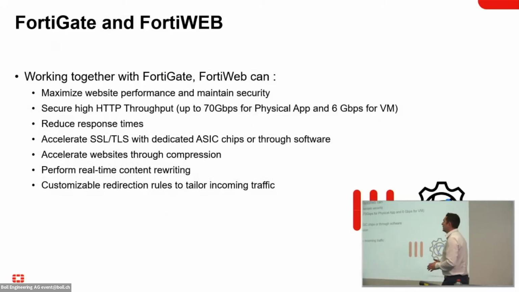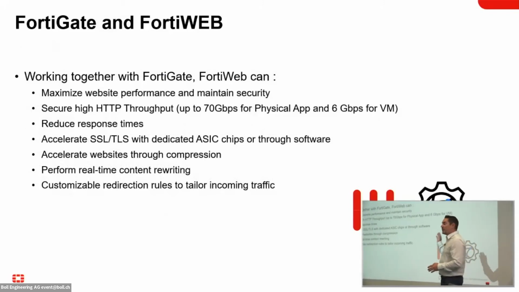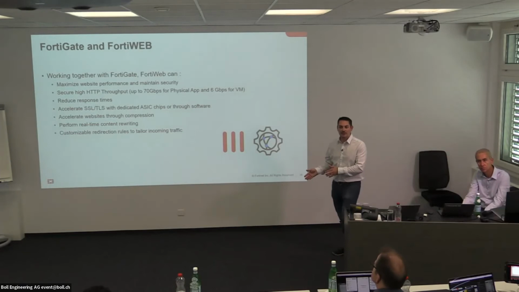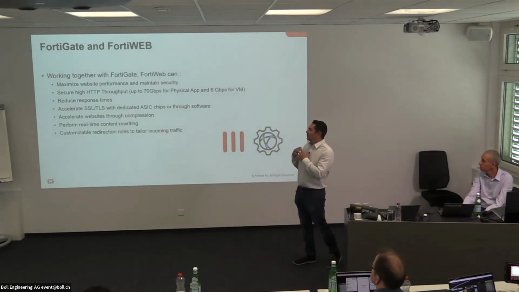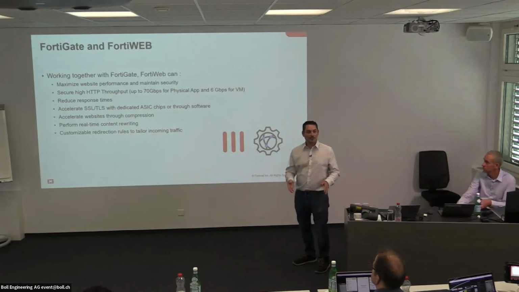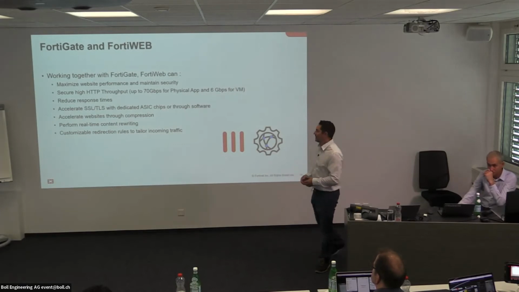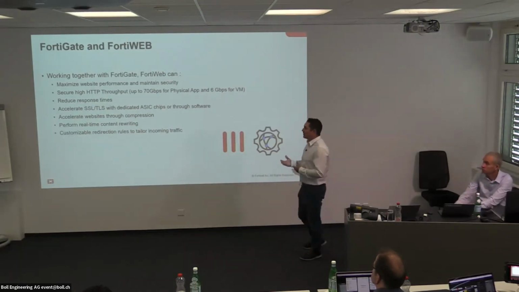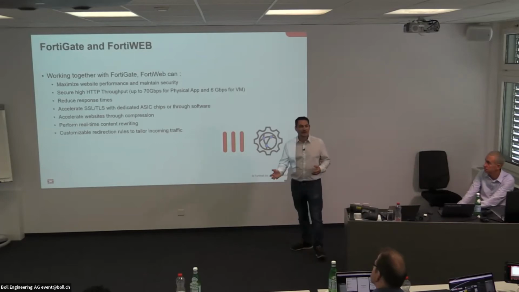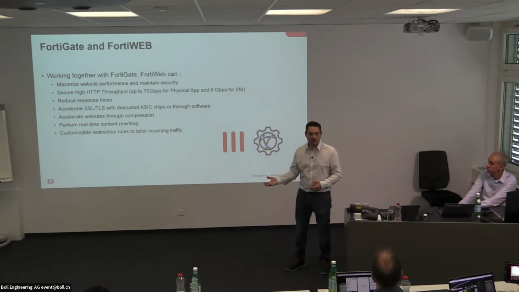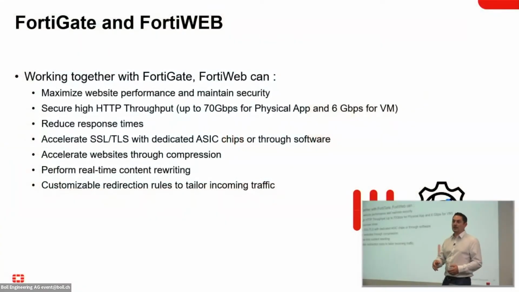But as I said, it's good that those two products can work together. We can maximize our website performance because we can delegate all the inspection into the FortiWeb. We can also reduce the time. We can also accelerate the SSL inspections part directly into the FortiWeb. So we delegate this inspection directly. And we can really work real time to do some interaction between inputs we get from the FortiWeb directly into the FortiGate.